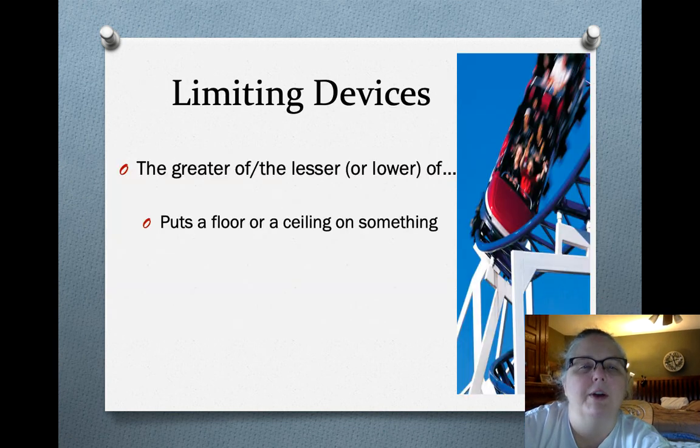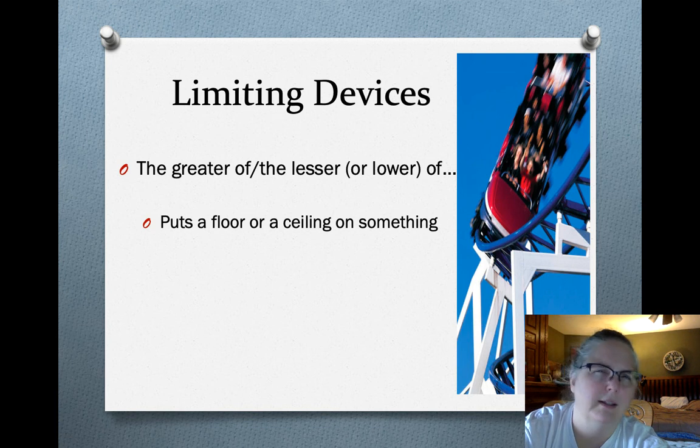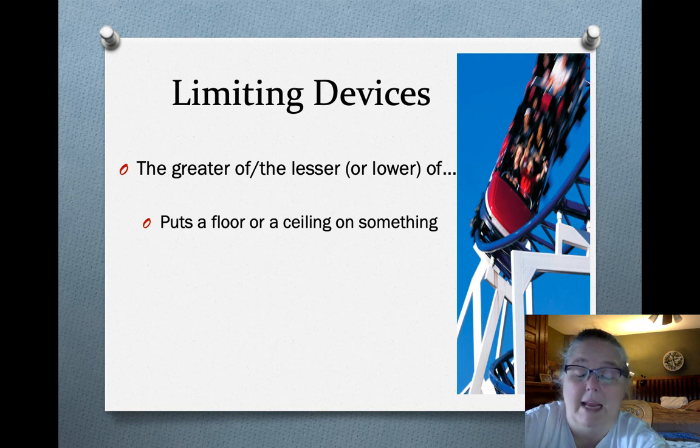Yes, ratios are fun. And limiting devices. Limiting devices are merely language in the code which tells you that there is either a floor before something can apply or a ceiling so that you can only apply up to a certain level. And these are usually indicated by phrasing such as the greater of, or the lesser of, or the lower of, which I hate when they say the lower of, it's the lesser of.